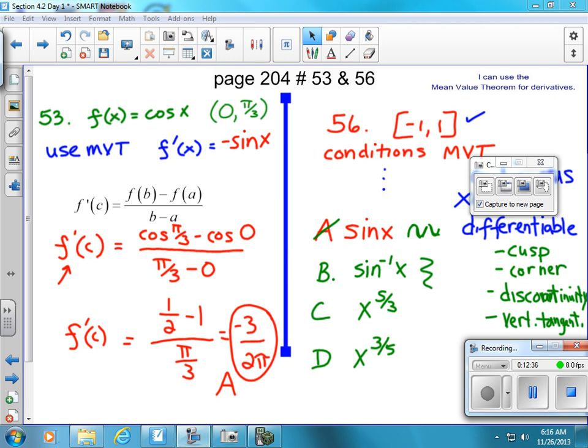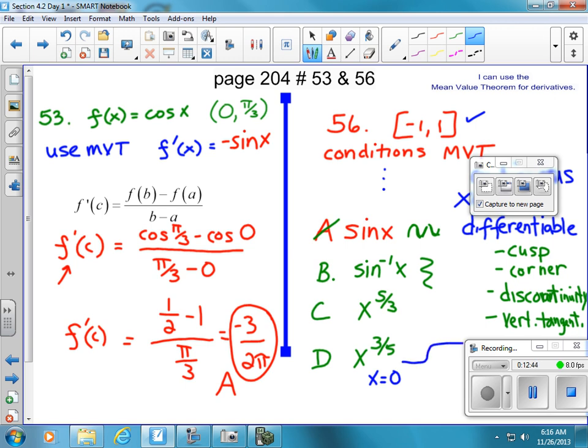So D is one, though, that at x equals 0, we have a vertical tangent. Remember, it looks like this. You can go back in your notes and look at the non-differentiable functions we had in chapter 3. So at x equals 0, this is not differentiable because it has a vertical tangent.